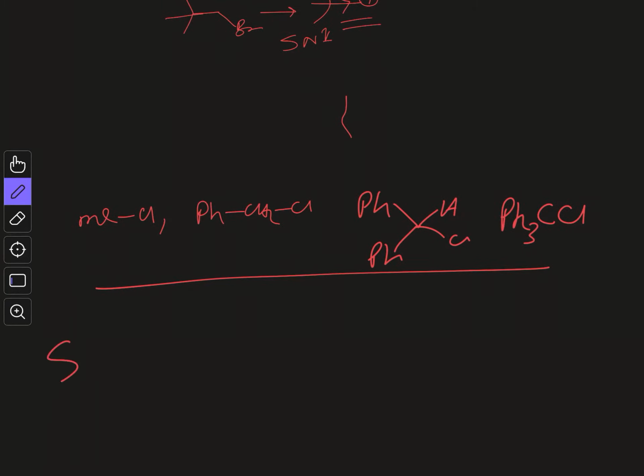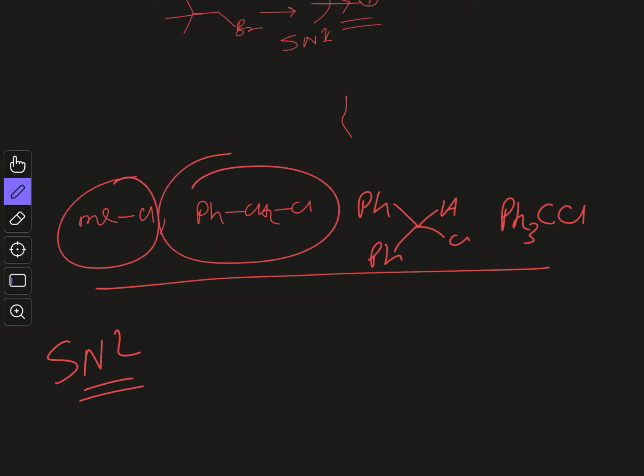Now first, if we talk about the SN2 reaction, how will they respond? This is very good at SN2 reaction, and this is also very good at SN2 reaction. So you may think that due to the presence of this phenyl ring, the rate may be reduced, but it is not like that. This phenyl is actually helping the SN2 reaction. How it is helping, I will discuss in a moment. But for now, just know that these two give very good SN2 reaction.